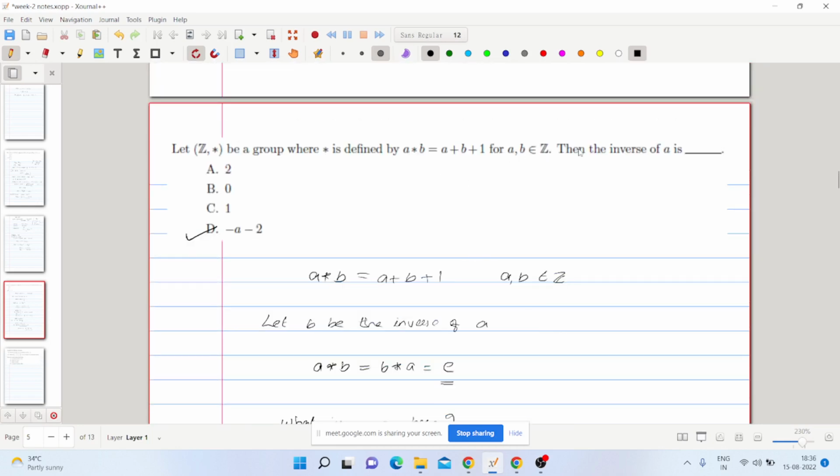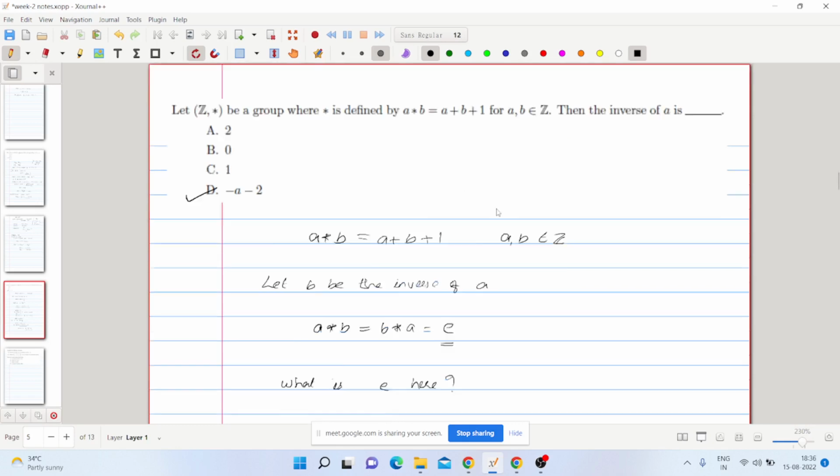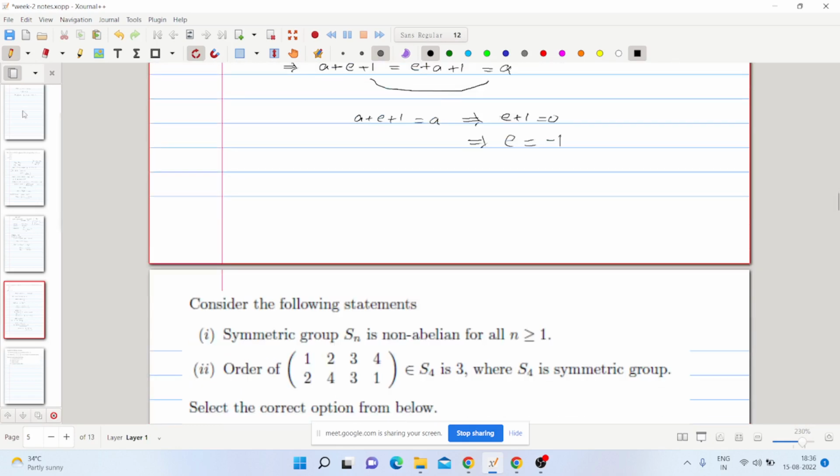By the way, for every element we found that an inverse exists and an identity also exists. Even though they have given it as a group, we will check whether all the axioms of a group are satisfied. What are the other axioms we need to check here?